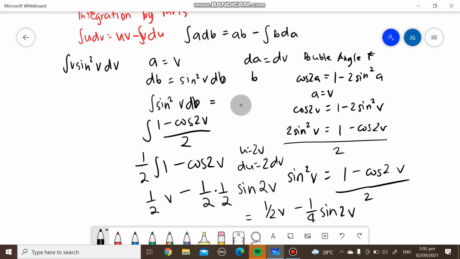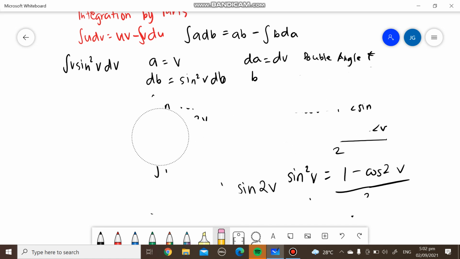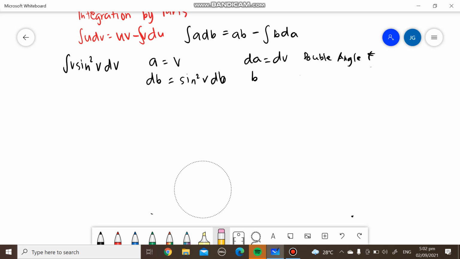So, that will be our b value, which is 1/2 v minus 1/4 sine 2v. So with that, we can plug in our known values to our equation.